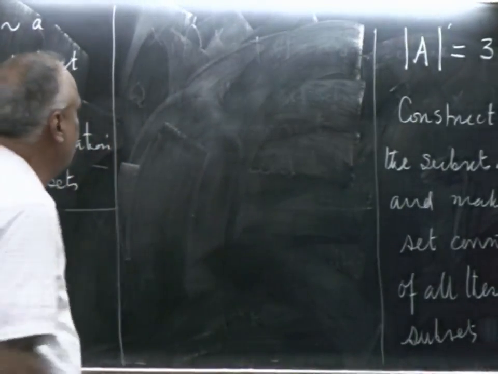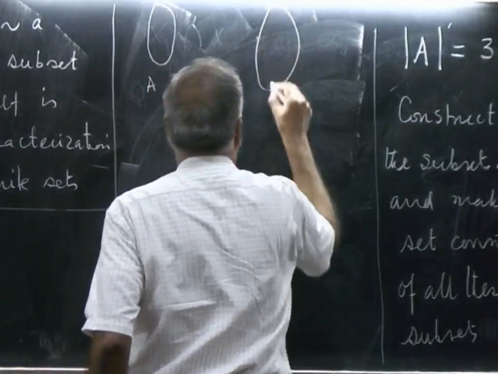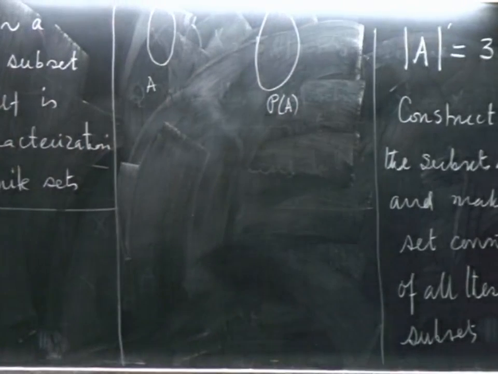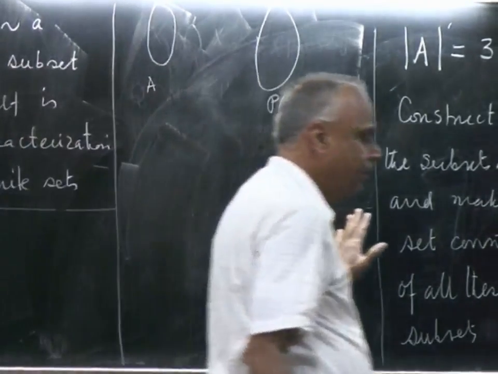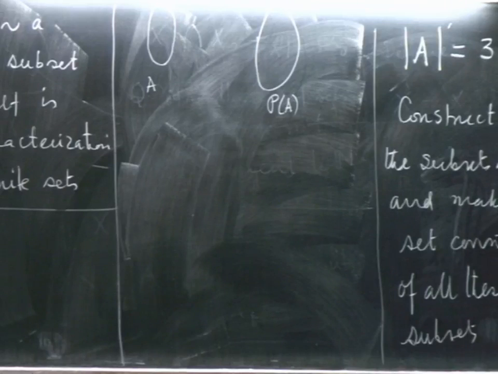Okay, so on the one hand we have A, on the other hand we have PA, the two sets. I am comparing now the size of these two sets, and the claim is that PA will always be bigger than A. First of all, we show that the size of A cannot be bigger than the size of PA. It has to be smaller.